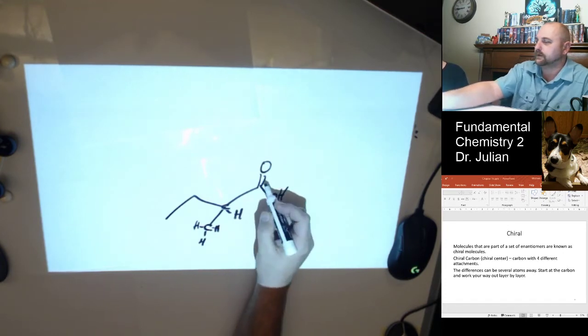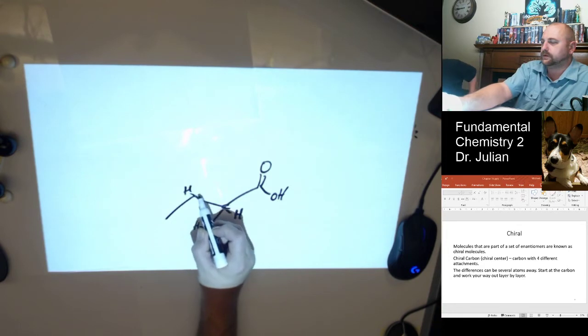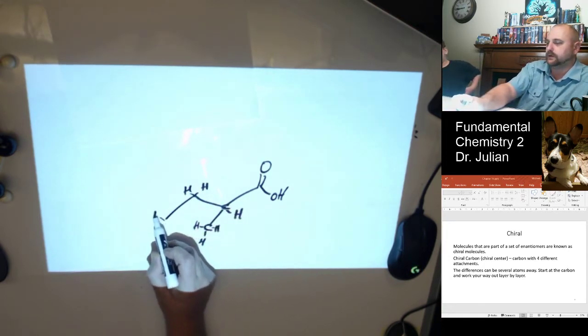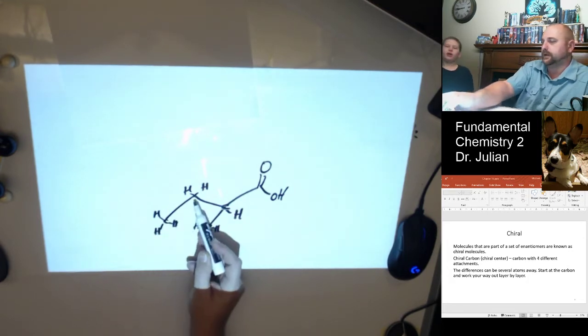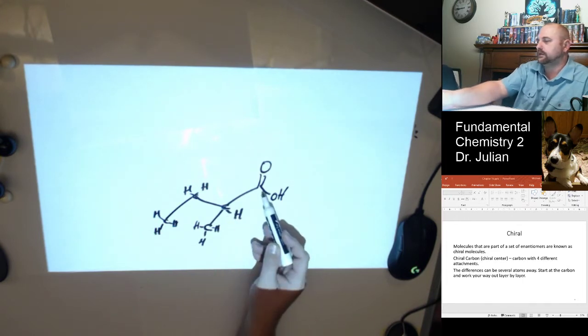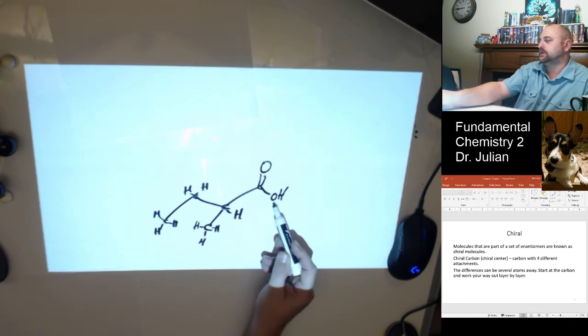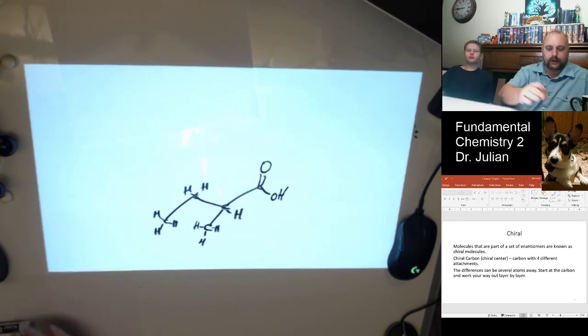So this has 2 hydrogens since we're missing 2 bonds. This carbon here has 3 hydrogens on it, and this one has 2. This carbon has 2 bonds to an oxygen, and then an OH, and then 1 bond over here. All right. So we're going to play with this picture, and we're going to learn.